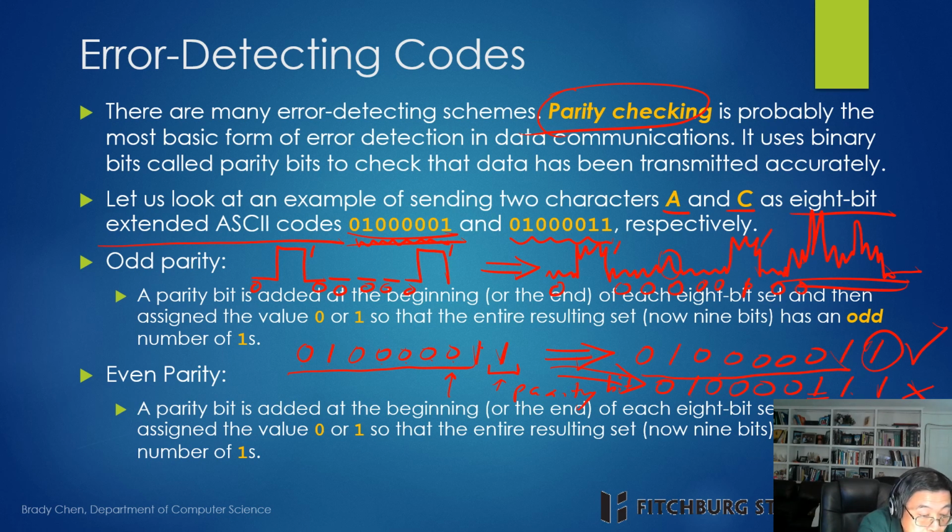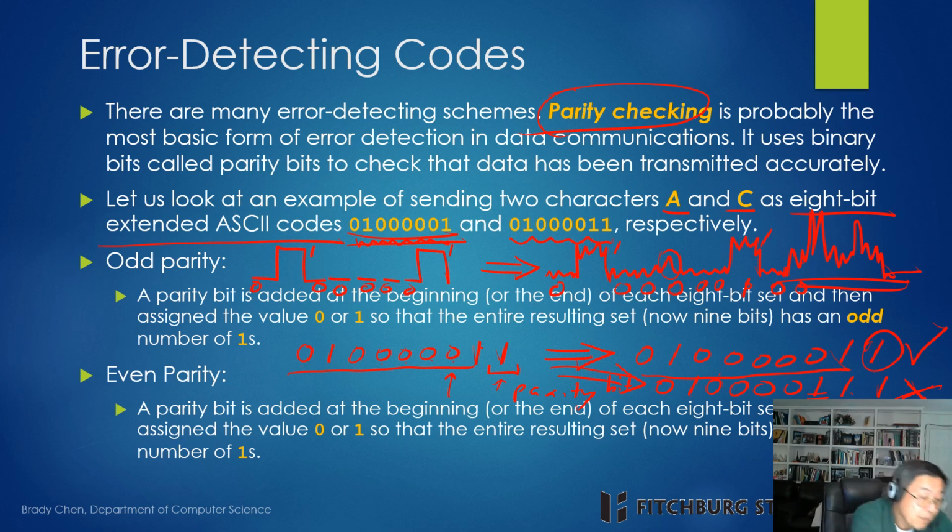Now when an error occurs, the receiving side has no way to know which particular bit caused the error, or how many bits caused the error. It may have 1 error, or it may have 2 or 3 errors. You never know. But I know that there must be an error.